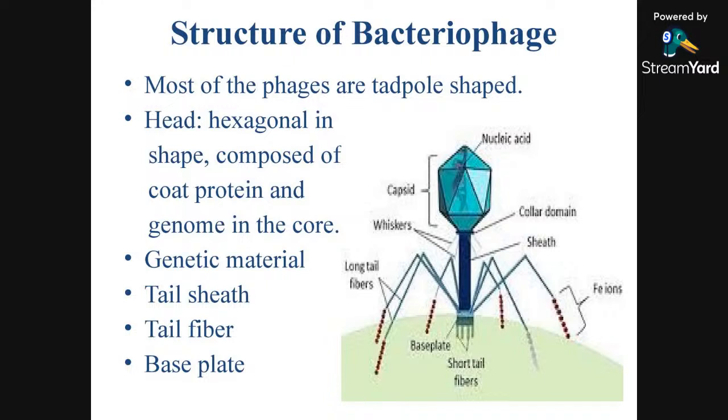Tail fibers recognize and bind to specific bacterial receptors and help the phage attach to the bacterial surface. And last is the base plate. The base plate is found at the end of the tail. This structure anchors the phage to the host bacterium. It also contains receptor binding proteins that help to recognize the specific host.